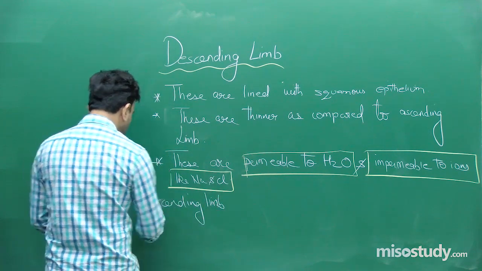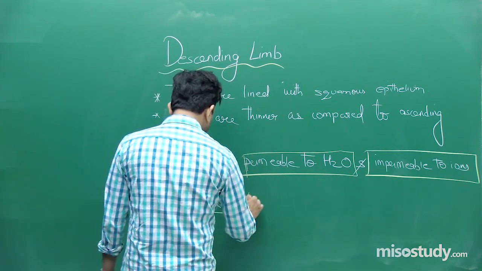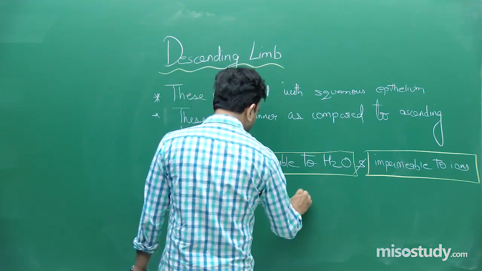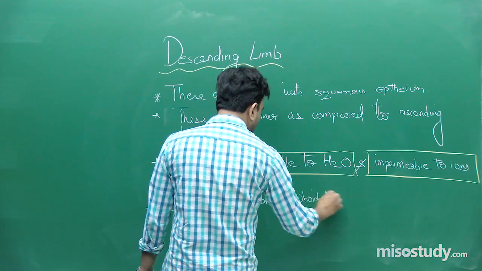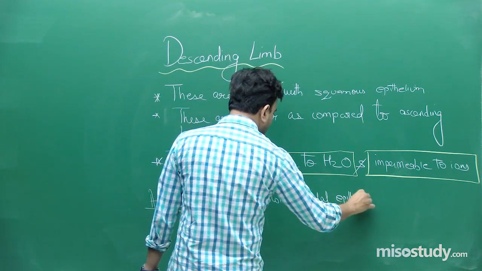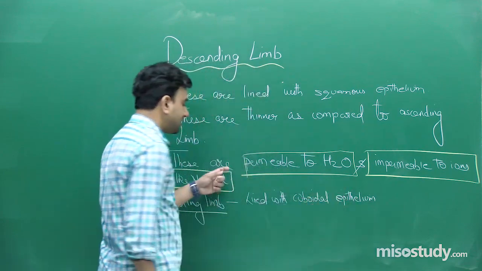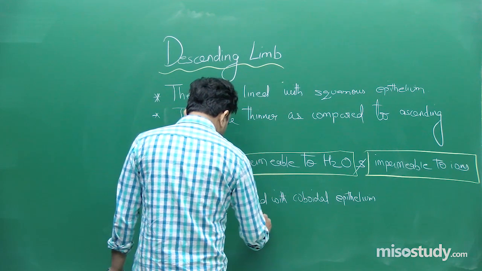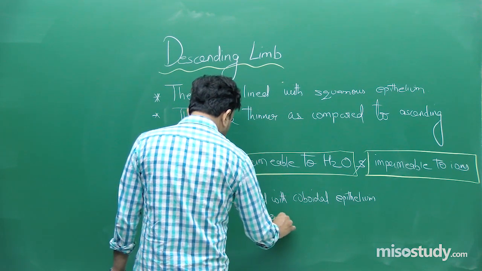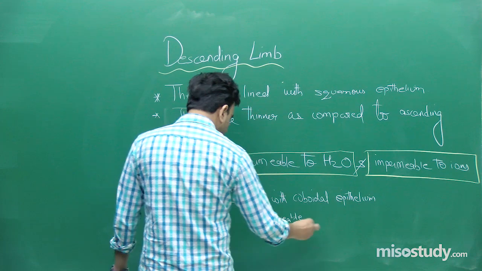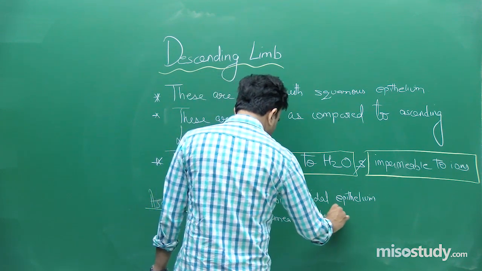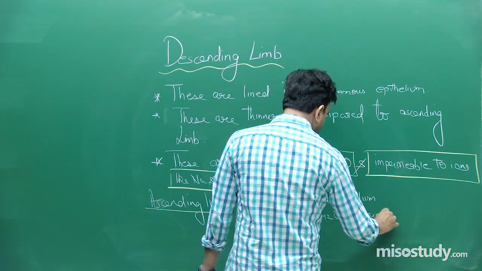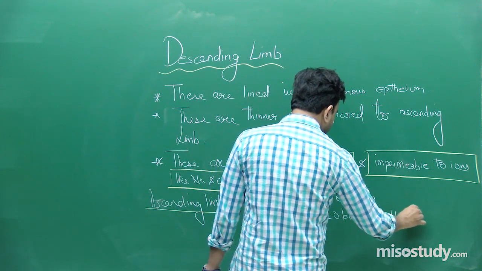The ascending limb is lined with cuboidal epithelium, definitely since this will be thicker, and it is impermeable to water but permeable to ions. So it is just the opposite of the descending limb.